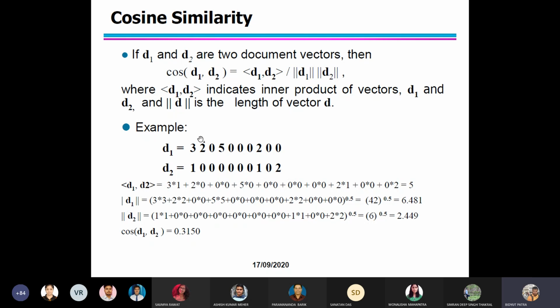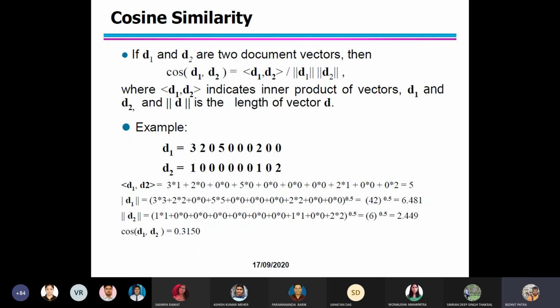Now, if you compute the Jaccard, we'll get a different value. But in the case of comparing two documents, cosine is more popular than the other measures. Because cosine basically computes the angle between two vectors. Okay.